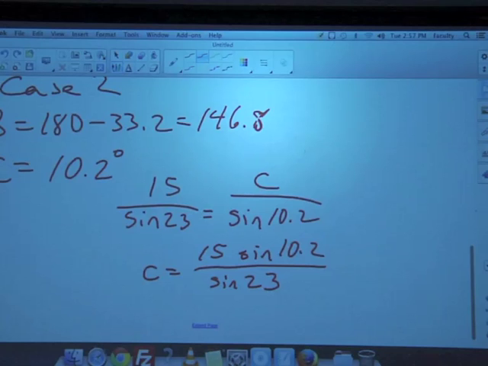So you plug all that into the calculator, and this time we end up at 6.8.